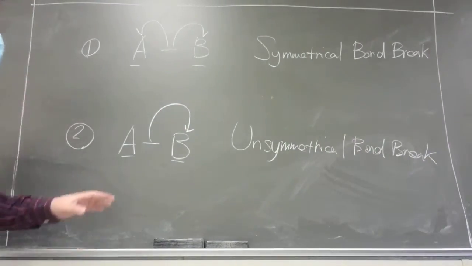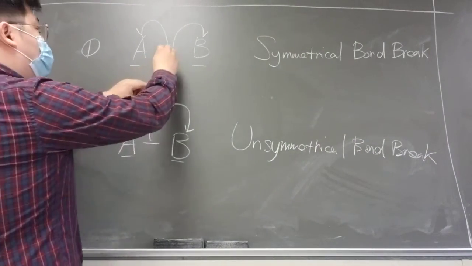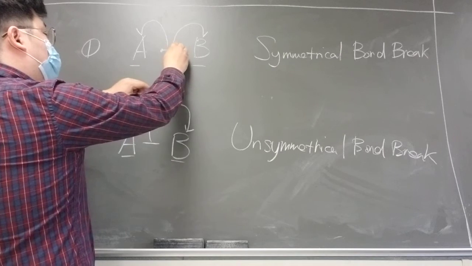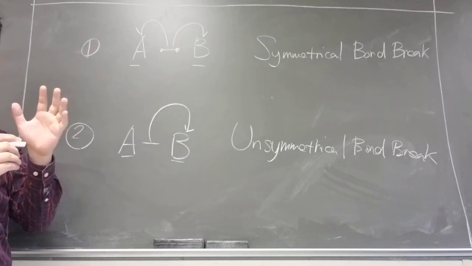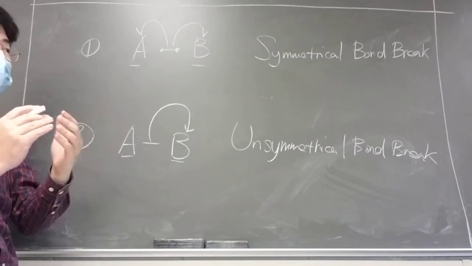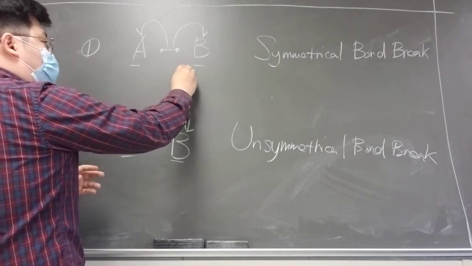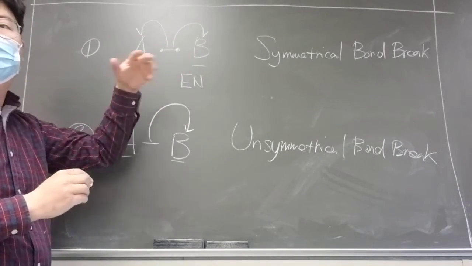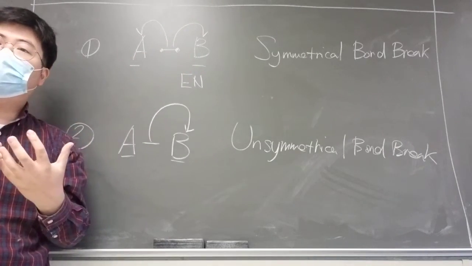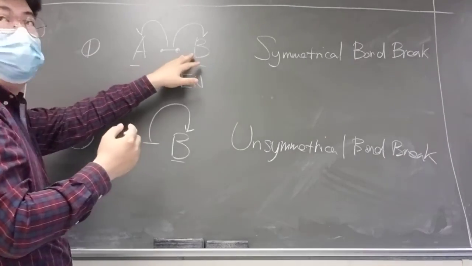So here's the thing. If it's indeed a pair of electrons here and here, for A and B, we can say they don't have much difference in electronegativity. Okay? So either A or B cannot have a dominant power to pull those electrons to themselves.